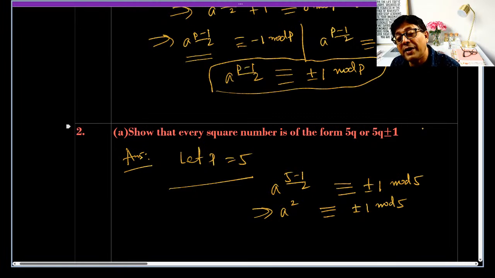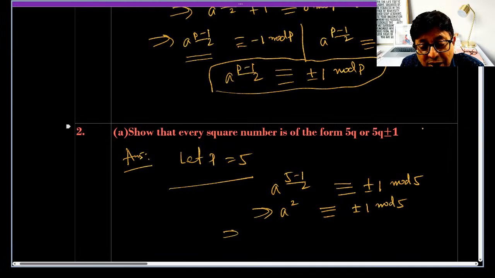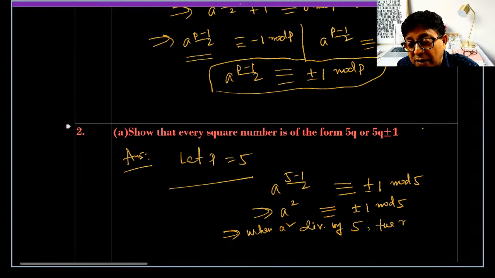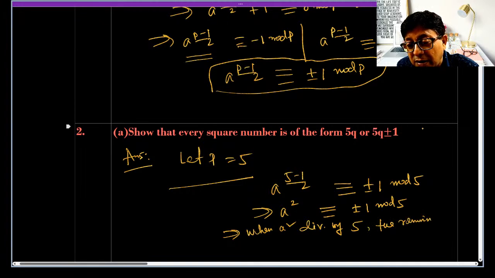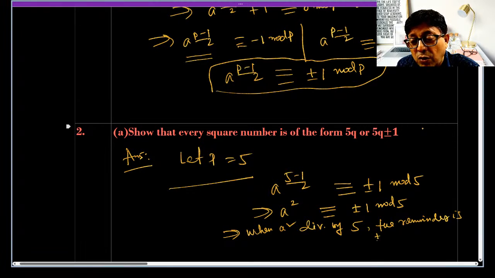So this implies that the square is of the form plus or minus 1 mod 5. When a squared is divided by 5, the remainder is either plus 1 or minus 1.